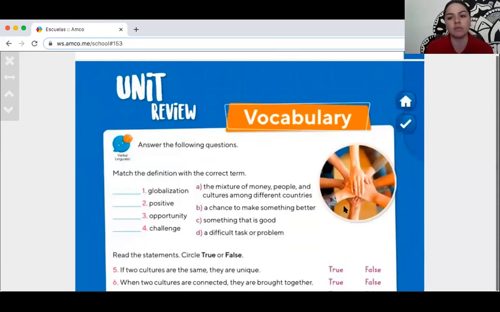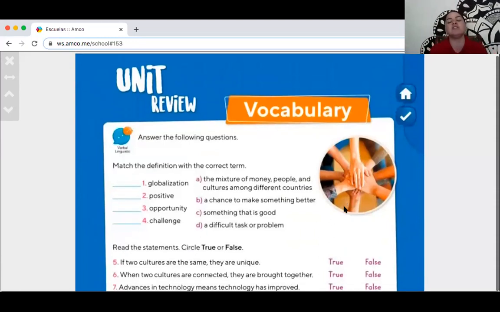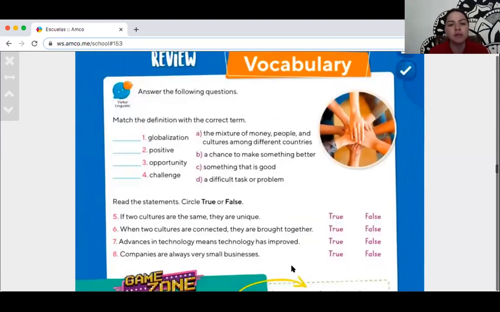Now, we already finished the global citizenship section from our book number 4. But as you know, we need to answer the unit review, so all the information that came in our book becomes a little bit clearer. And if you have any doubts, please ask me, okay? Remember to read the complete instructions.